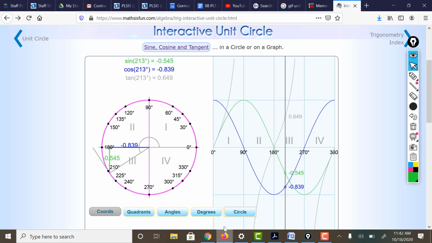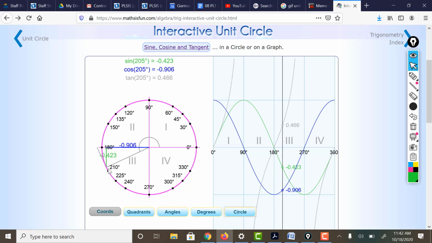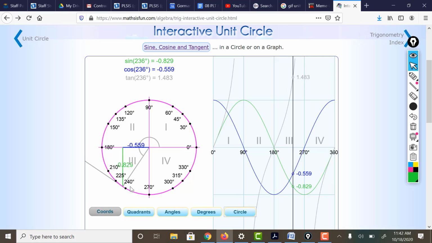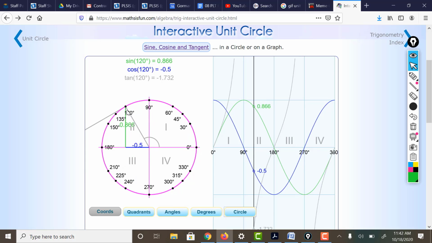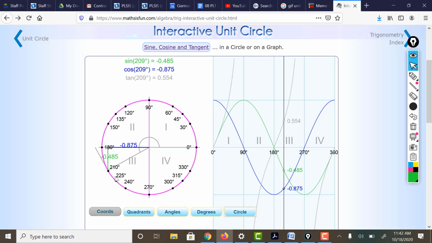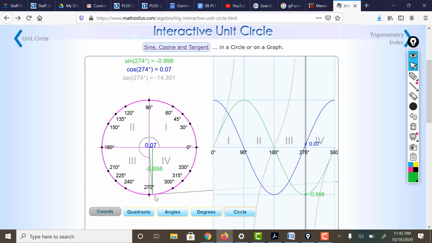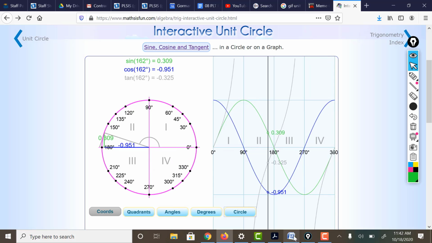In quadrant 3, we saw that they were actually increasing again, the sine values, the green ones. However, you're going to want to write a note that they were increasing, but they were negative. So in quadrant 2, they were decreasing and positive. But in quadrant 3, they were increasing and negative. Quadrant 4 would be decreasing, negative. This will all come together in a bit.